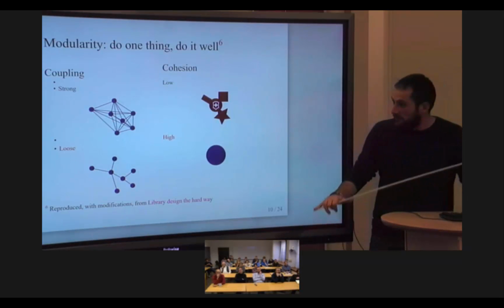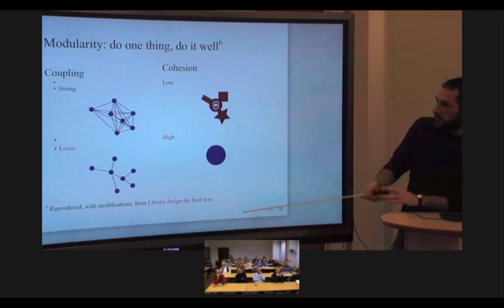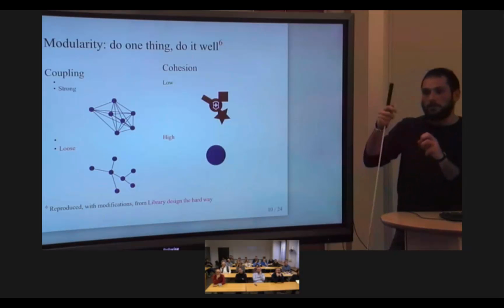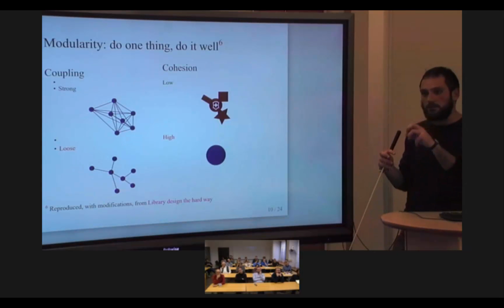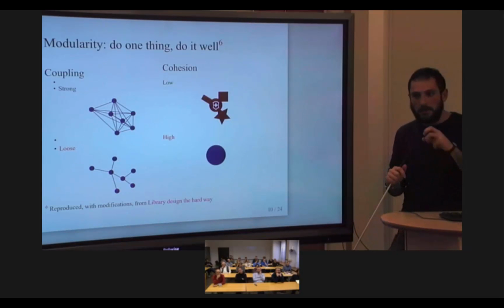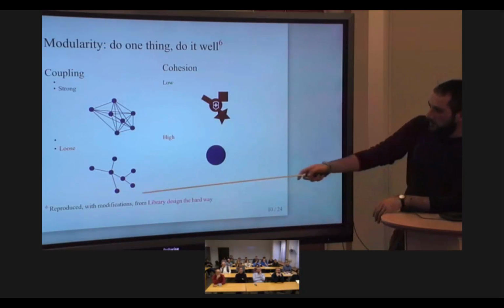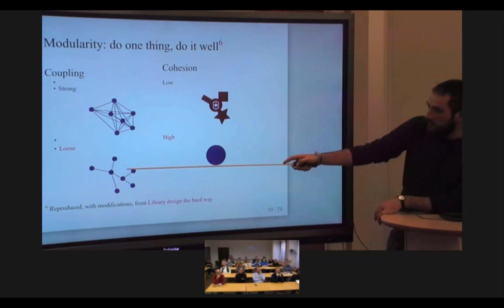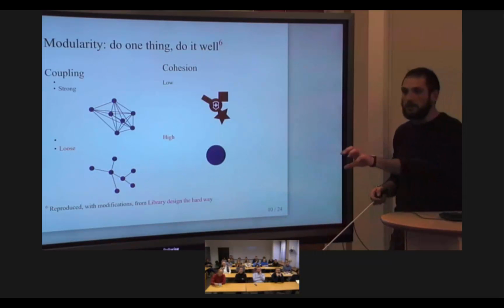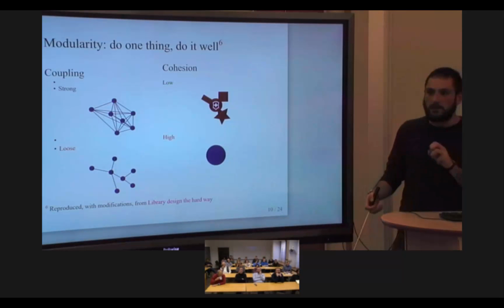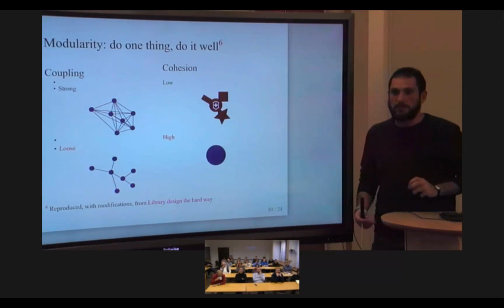If you have something that is really strongly coupled, a component is coupled to many other components, so it's not easy to remove it and switch it for something else. The situation that we want to end up with is something loosely coupled, so that if a component is removed from the system, it's rather easy to replace it with something else.